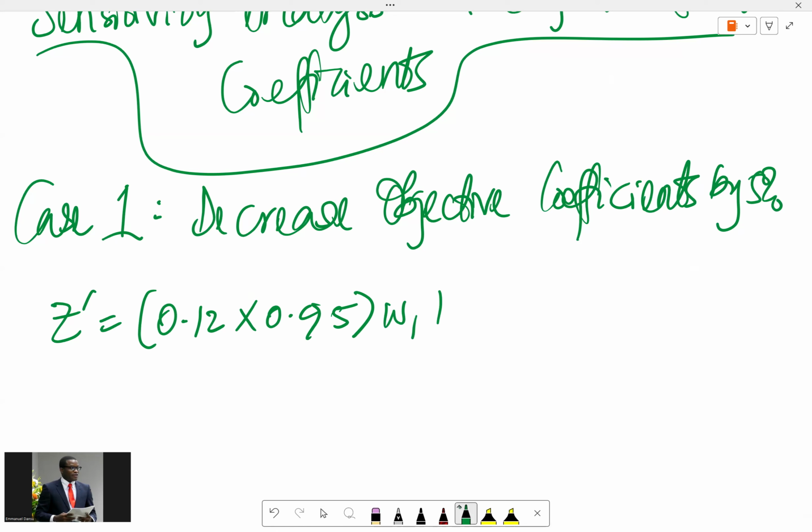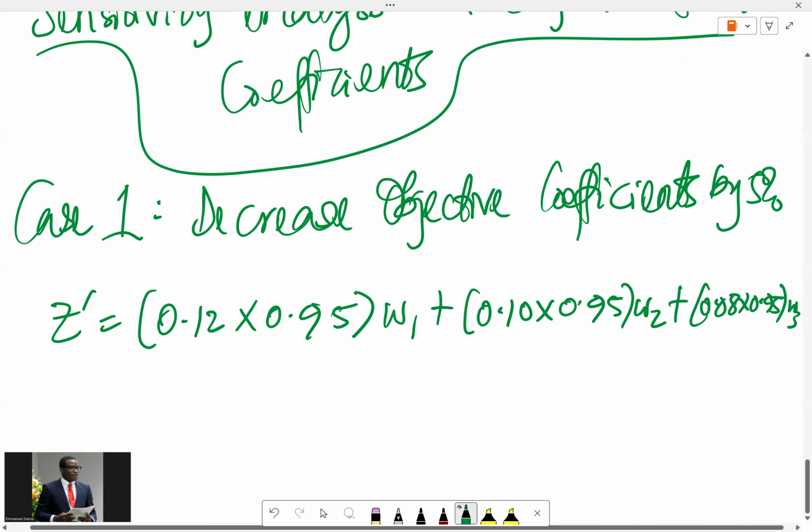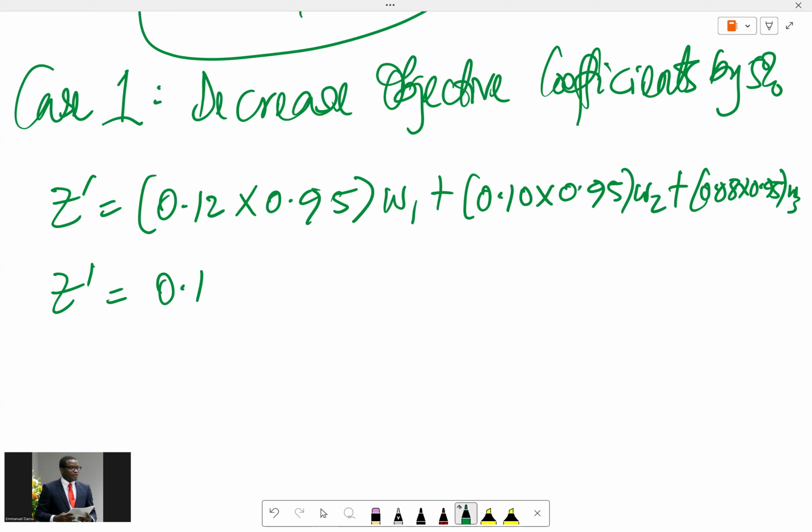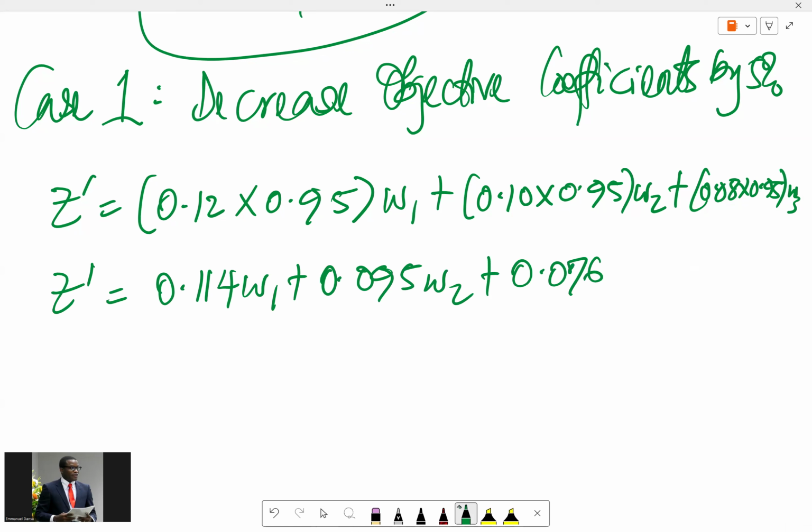So this is 0.12 times 0.95 W1 plus 0.10 times 0.95 W2 plus lastly 0.08 times 0.95 W3. So by doing this, we have a new problem. Z prime is now 0.114 W1 plus 0.095 W2 plus 0.076 W3.